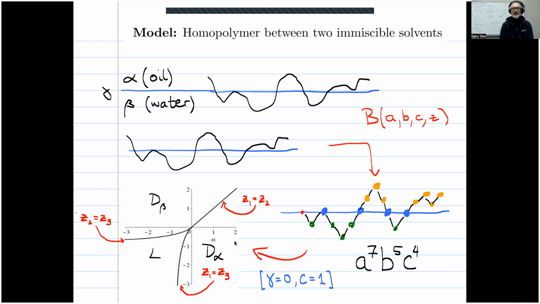But you can imagine that if I start at any value of beta, let's say beta equals -1 down here, and I slowly reduce the value of alpha, then eventually there comes a critical value of alpha, somewhere around -0.5, let's say, at which point it becomes beneficial for the polymer to try to stay out of the alpha phase.